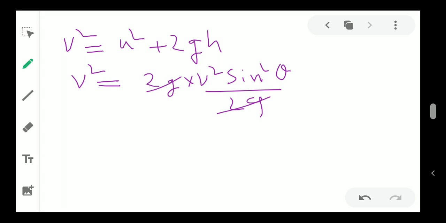This final velocity is not that velocity, I'm just talking about the final velocity. Let us give it a name, vf. So my vf is v sine theta.